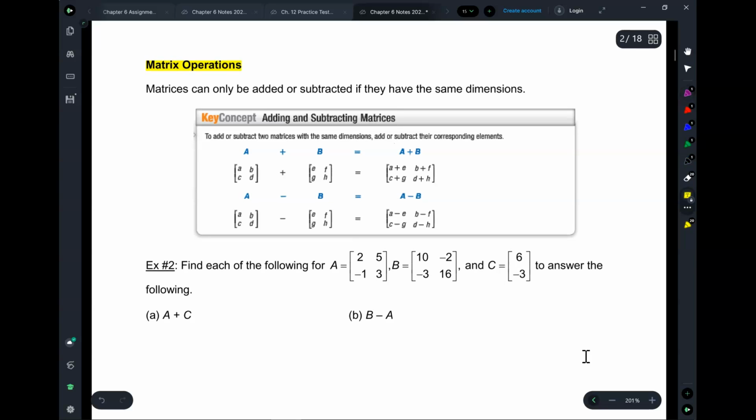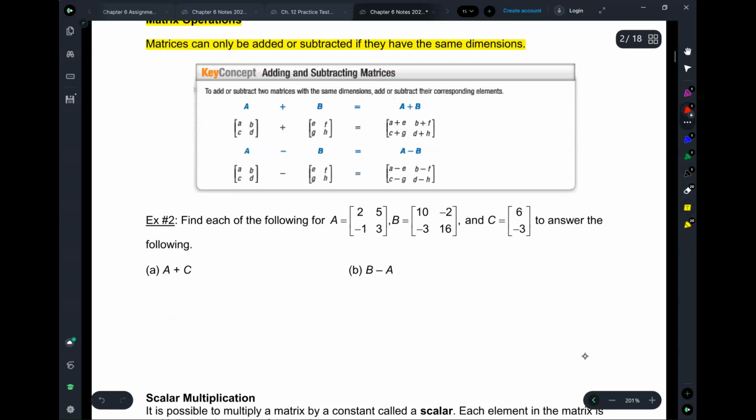Okay, this is important. Matrices can only be added or subtracted if they have the same dimensions. Okay? 2 by 2, 2 by 2. 5 by 4, 5 by 4. That's it. It's very cut and dry, all or nothing. Okay, and the way in which you add them is very, very simple. You take an element in your first matrix, the corresponding element in the second matrix, you add them, and you put them as the answer in that same spot.